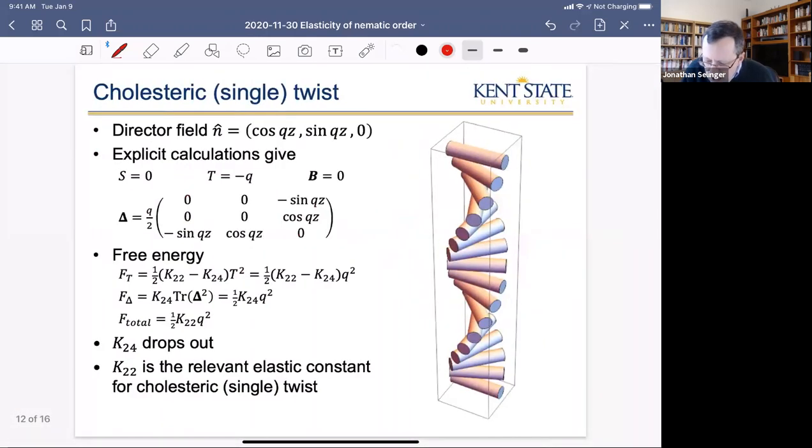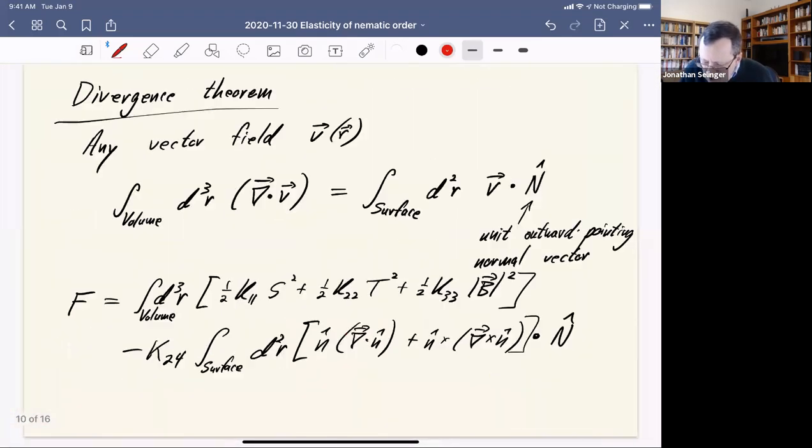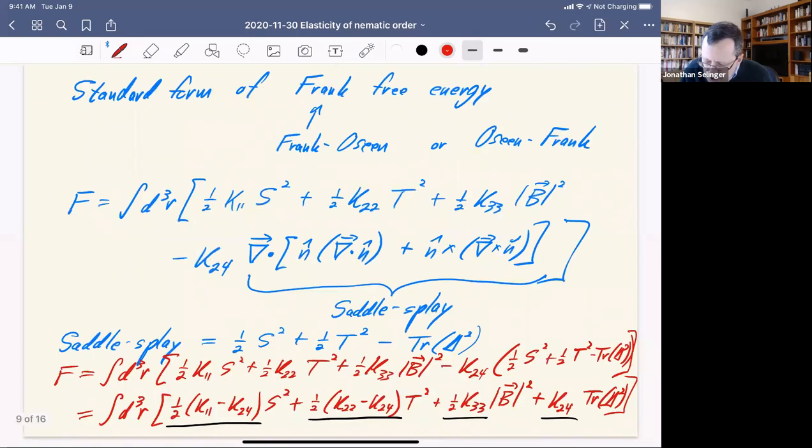And so these constants should all be positive, and in fact, if you look at an expression like this one, it's not just that K22 should be positive, but the difference K22 minus K24 should be positive, right? So K22 should be greater than K24. And likewise, K11 should be greater than K24.